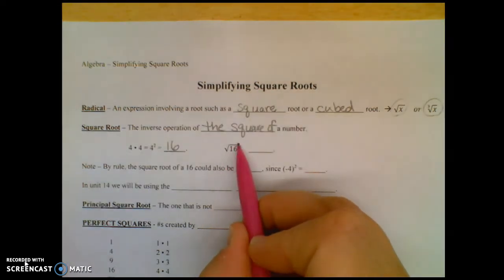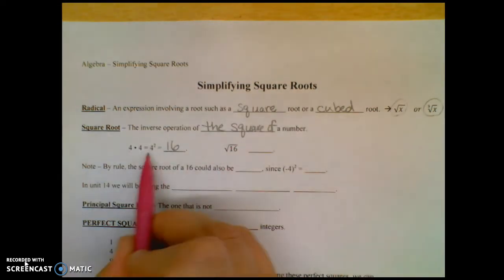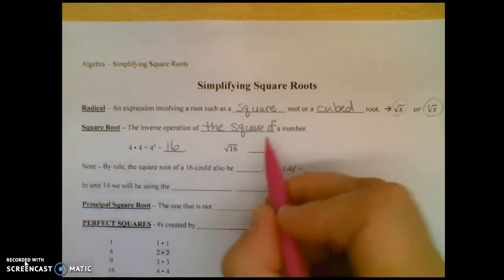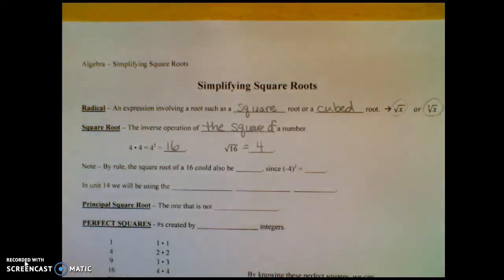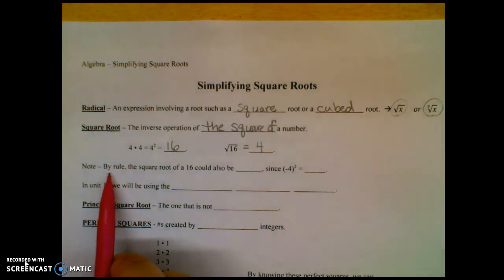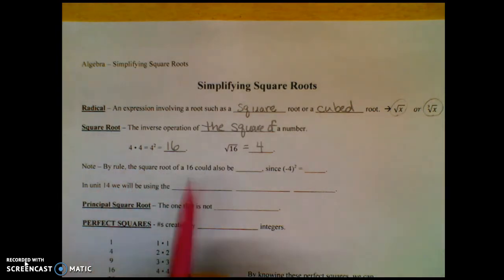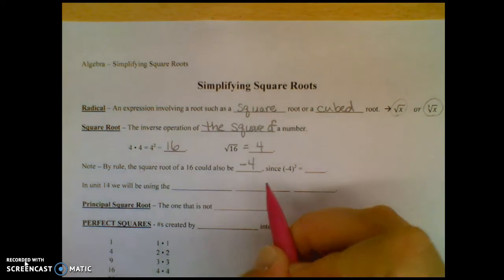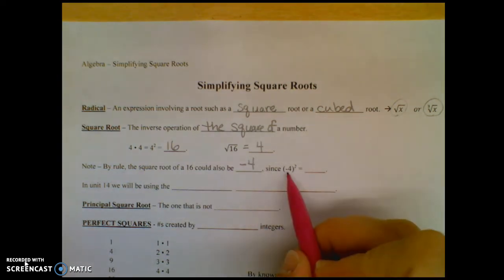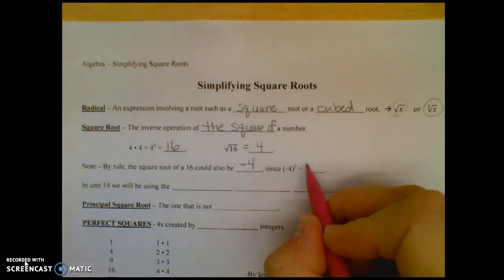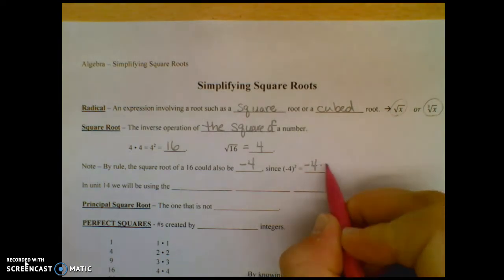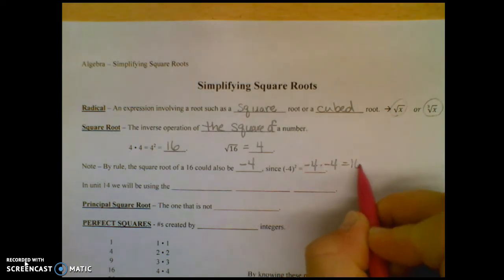And the square root of 16 reverses this operation. So the square root of 16 is 4. So by rule, the square root of 16 could also be negative 4, because negative 4 squared would be negative 4 times negative 4, which is also 16.